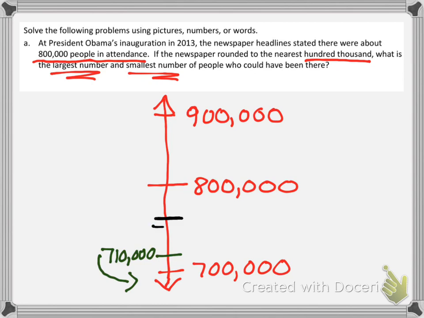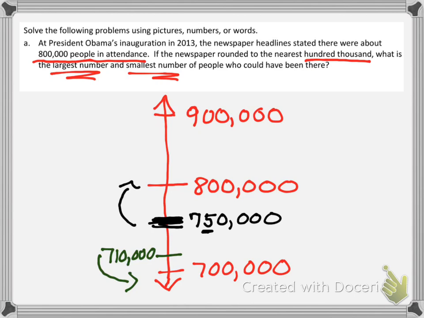So this becomes our midway point. This right here is our midway point. And our midway point is telling us that once we get to the midway point, we're going to be rounding up. So our midway point would be 750,000. If I added another 50,000 to this, would bring me to 800,000.